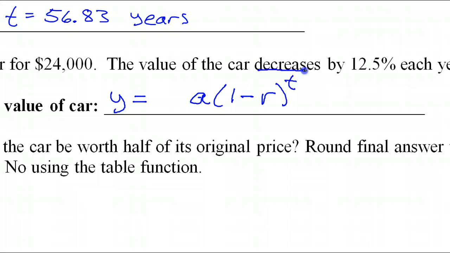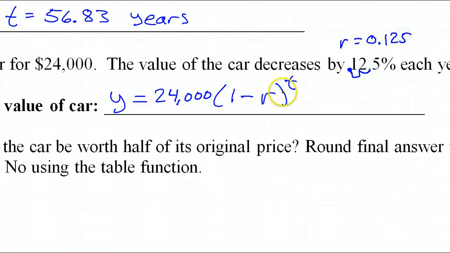Because it's decreasing, that's why we do the minus instead of plus. Now of course the original amount is $24,000. The rate, moving our decimal twice, is 0.125, to the t power.